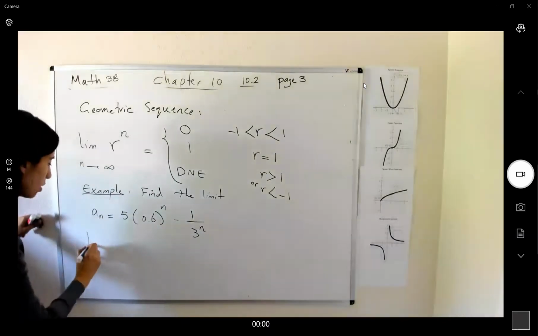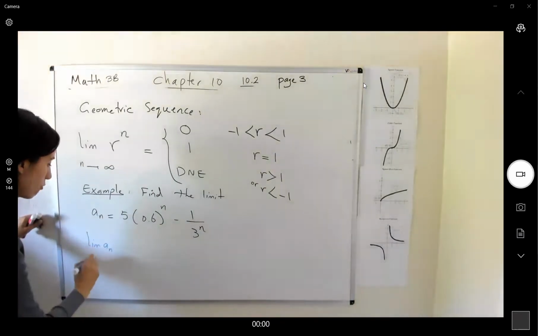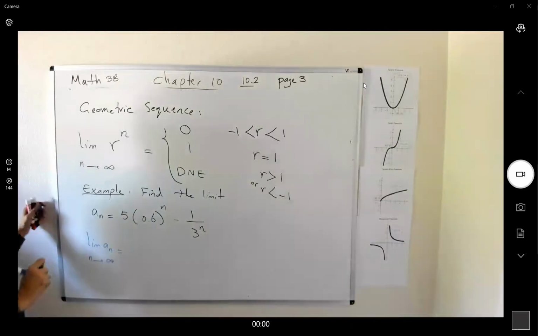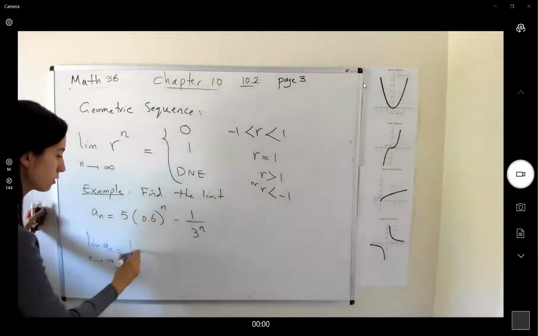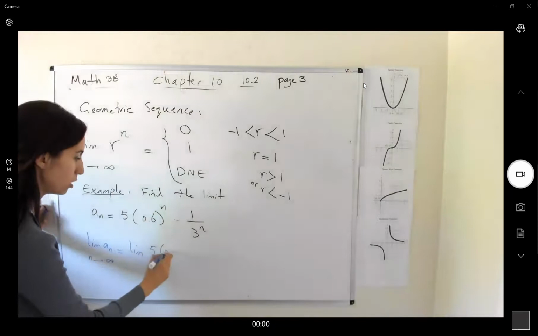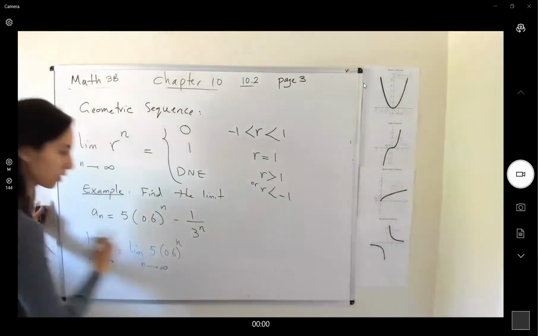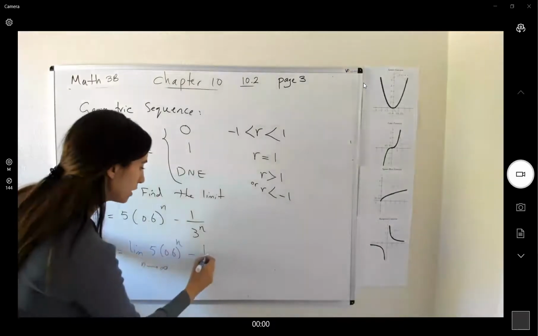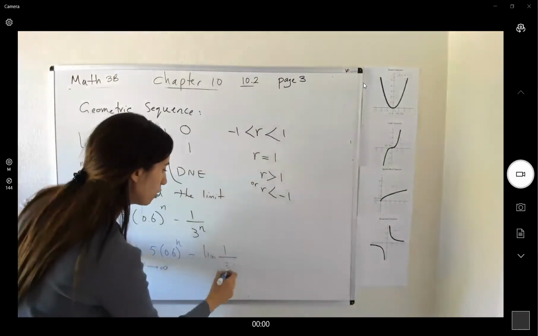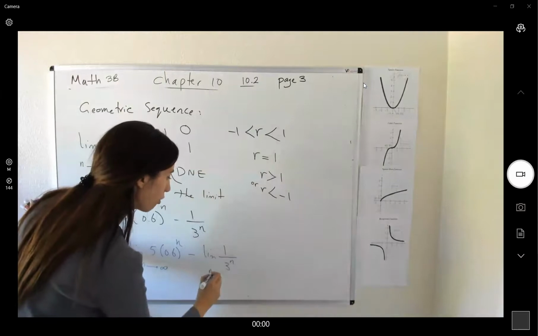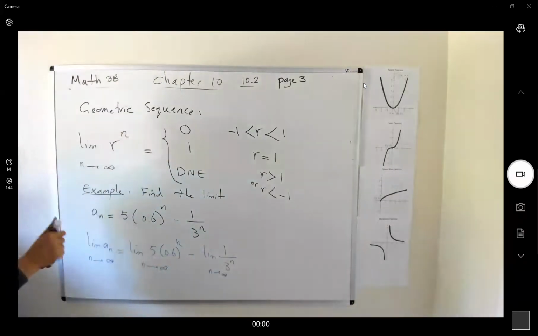So the limit of a sub n while n goes to infinity is equal to the limit of 5 times 0.6 to the n while n goes to infinity, minus the limit of 1 over 3 to the n while n goes to infinity.